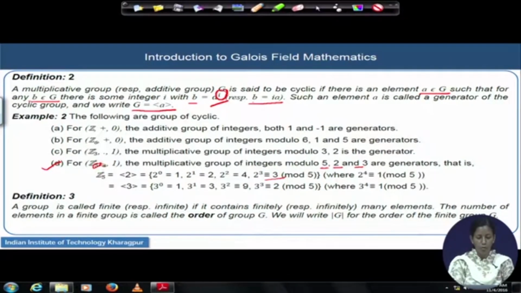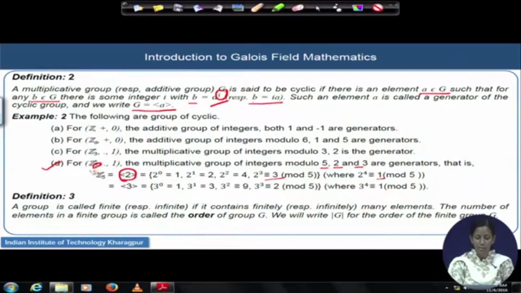This is a modulo operation on the numbers. 2 to the power 4 is 16, and if I do the mod 5 operation I end up with 1, which is an element of this group. So you come back to all the elements of this group with the mod 5 operation, and that is the element on which the ith operation is going on, and that will be the generating element of that cyclic group.